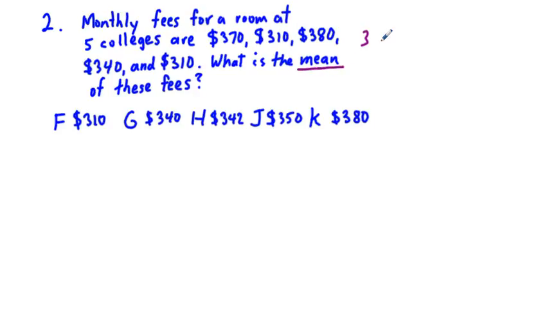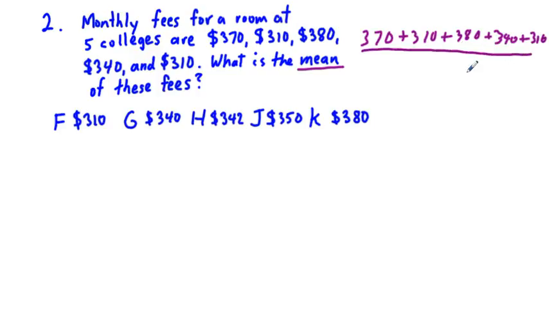So if we take these figures, 370 plus 310 plus 380 plus 340 plus 310, and you could do this much faster than I'm writing this on your calculator, and divide this by 5, you're going to get $342. And so that's answer choice H. Should be a very easy one with a calculator.